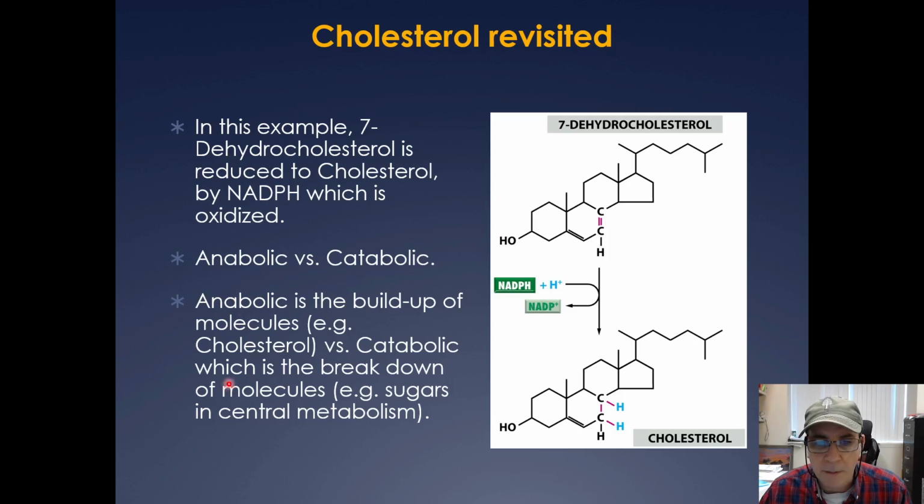So both of these are happening all the time in all of our bodies, but there's a shift from predominantly anabolic processes as you're growing to catabolic processes as you age.